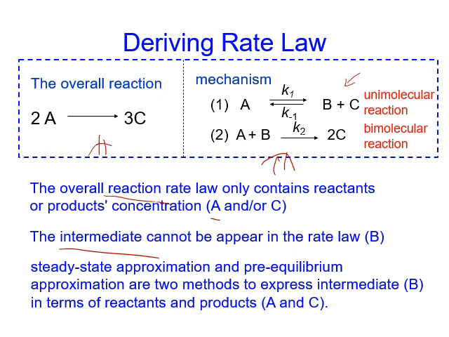We can measure reactants, we can measure product, but we don't know intermediate, so it shouldn't be in the overall rate law. If the rate law has intermediate, then that's when you need a steady state approximation or the pre-equilibrium approximation that we are going to introduce later, using this approximation to express B in terms of reactants or product.